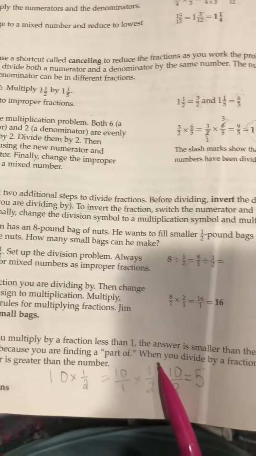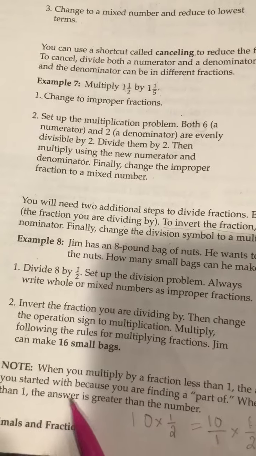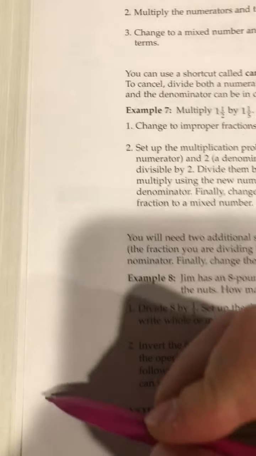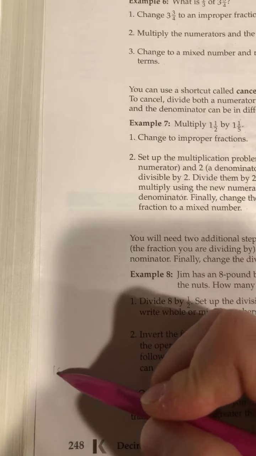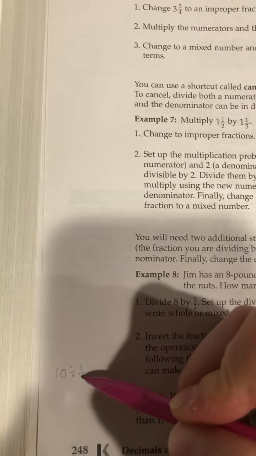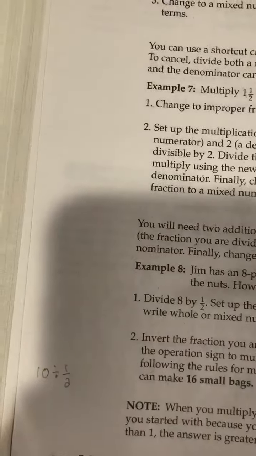The second part of this note says when you divide by a fraction less than 1, the answer is greater than the number. So for example, again, if we have 10 divided by 1 over 2, okay, same as my example before, but it's a different operation.